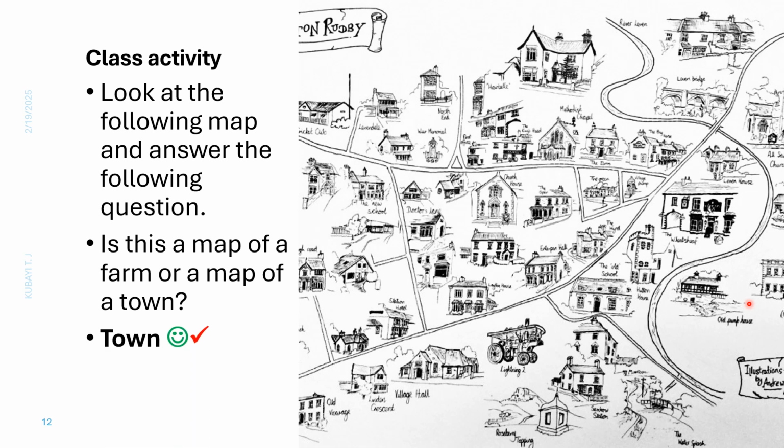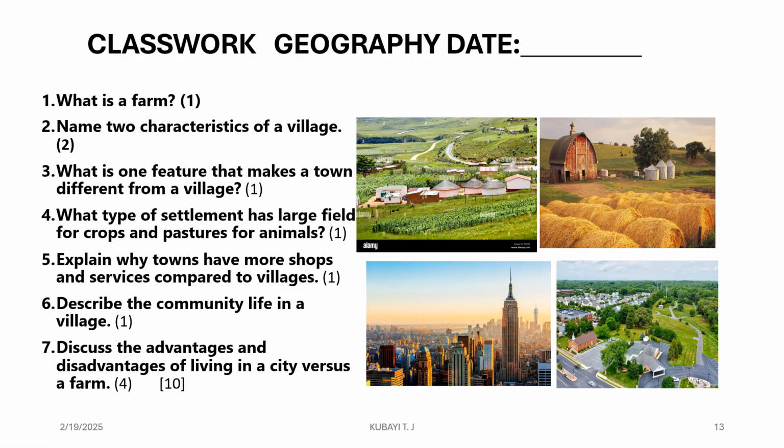If your answer is town, then you are correct. Let us move on to an activity that you will do on your own. Pause the video and do this activity, then play it again to see if you got your answers correct.